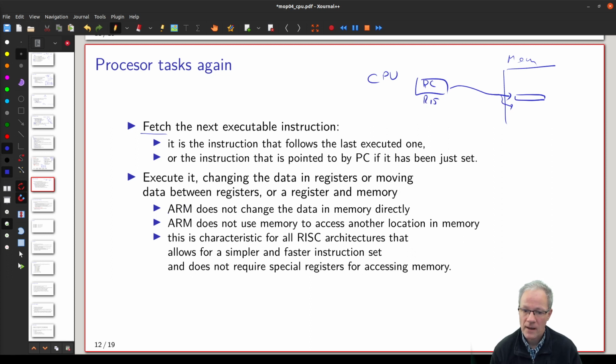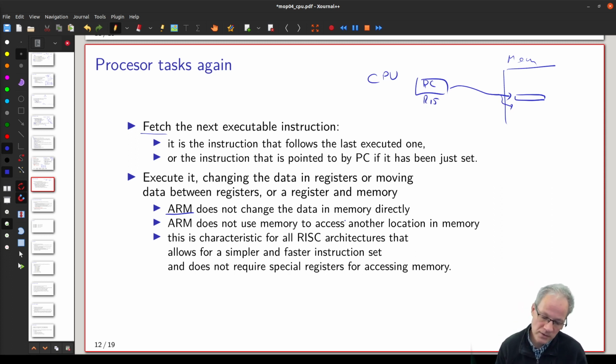So, ARM processors do not change the data in memory directly. That's about the RISC architecture having only load and store instructions. Right? And ARM does not do double referencing, if you will. It does not use memory to access another location in memory.